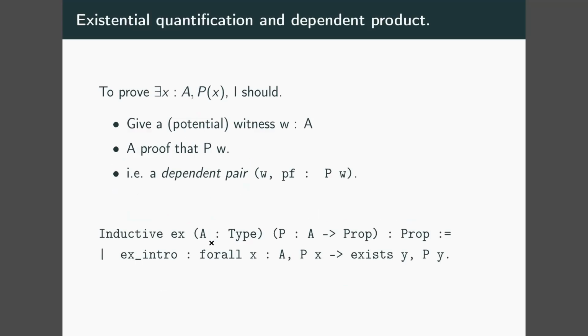Let's think from first principles. Suppose I want to show to you that the claim there exists x in A, P x is true. How do I constructively prove it?